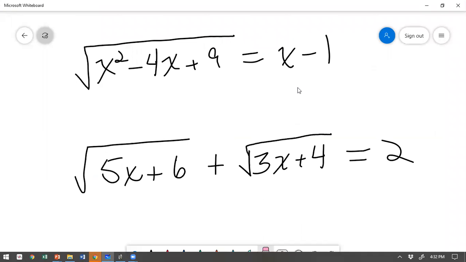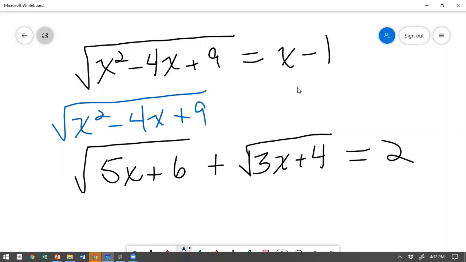So we get the square root of x squared minus 4x plus 9, and we're going to get this to the left-hand side of the equal sign. So I'm going to minus x plus 1, and this is going to be equal to 0. So this is what I'm going to put in my graphing calculator.